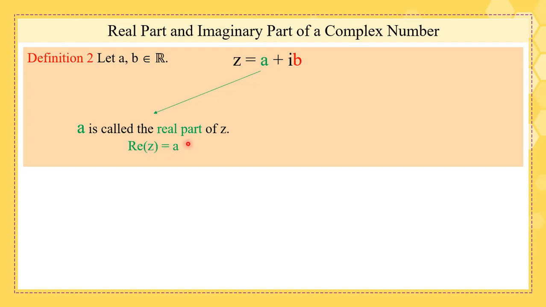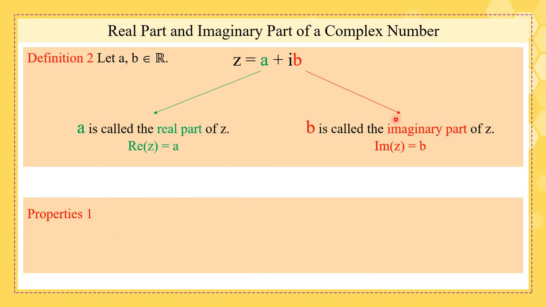So a is the real part of z, and this b is called the imaginary part of z, and it's denoted by capital I, small m, open parenthesis z, close parenthesis. So each complex number has a real part and an imaginary part. a would be the real part, and b would be the imaginary part.